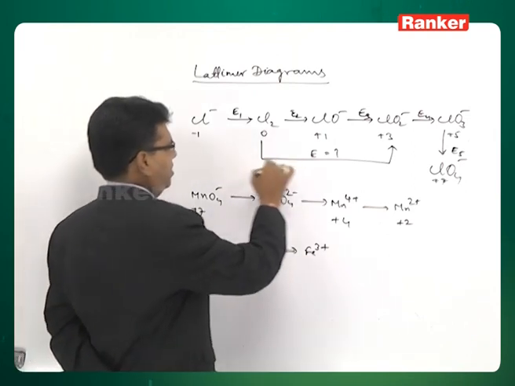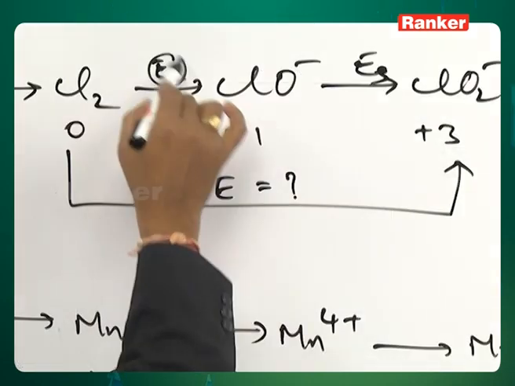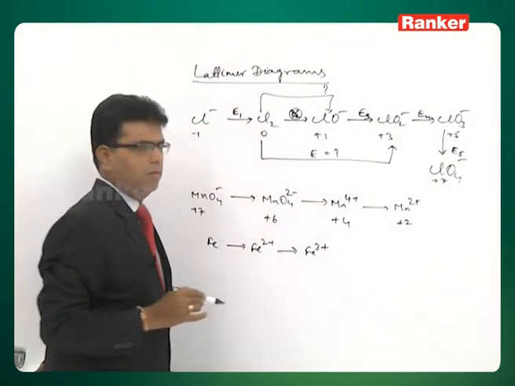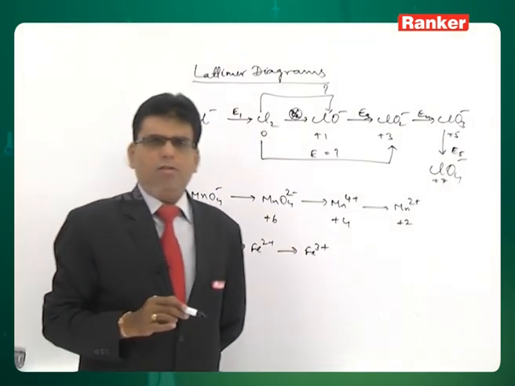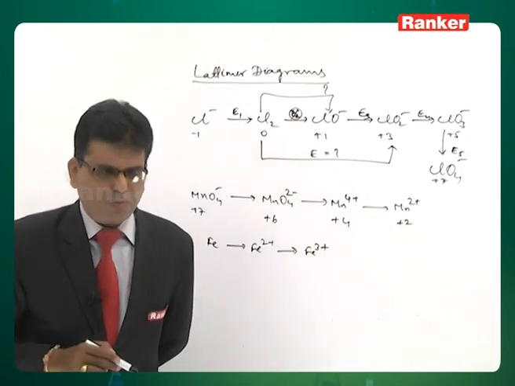Or if this is given, then what is the intermediate for this? Suppose E2 is not given, then how to determine this? For any such intermediate changes, Latimer diagrams are useful.